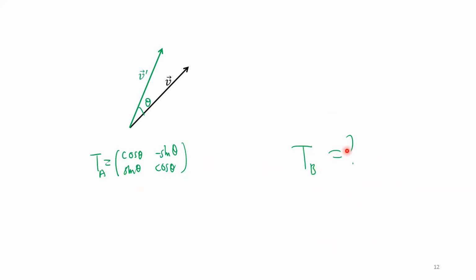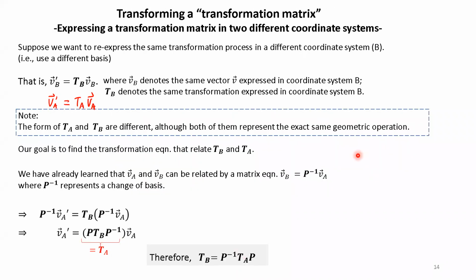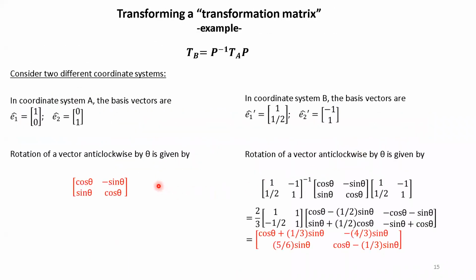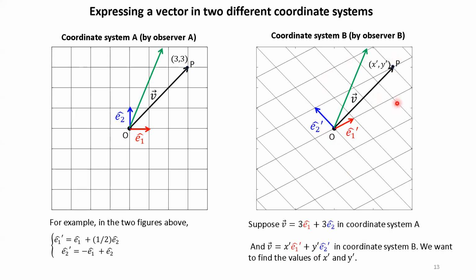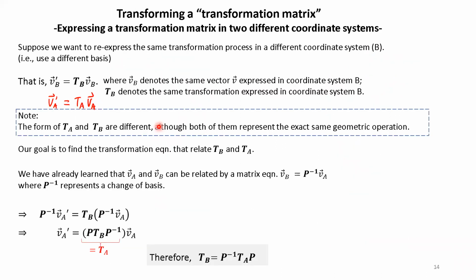What about in coordinate system B? If you use this formula, P inverse TA P, the rotation in coordinate system B looks like this. But really, this one in this coordinate system is doing the same rotation as this one.